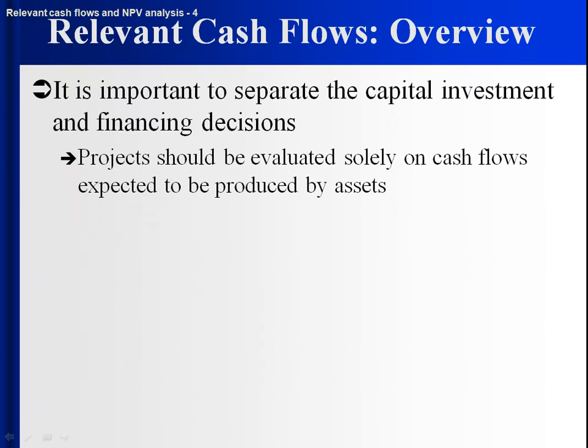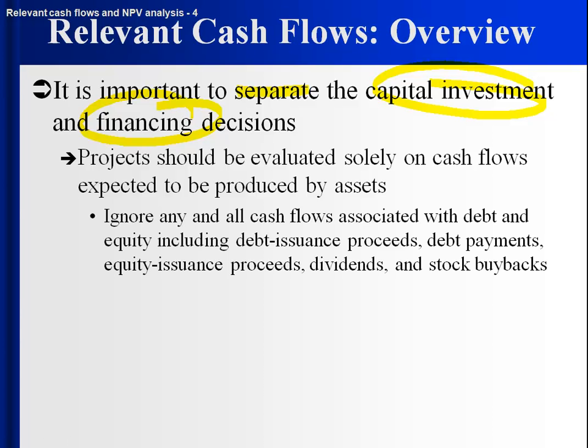First really important thing, we want to separate out two important decisions. One is the capital investment decision, the other is the financing decision. Where the money comes from is one decision, how the money is spent is another. And therefore, we want to separate those out. The way that affects our analysis is we ignore any and all cash flows associated with debt and equity.